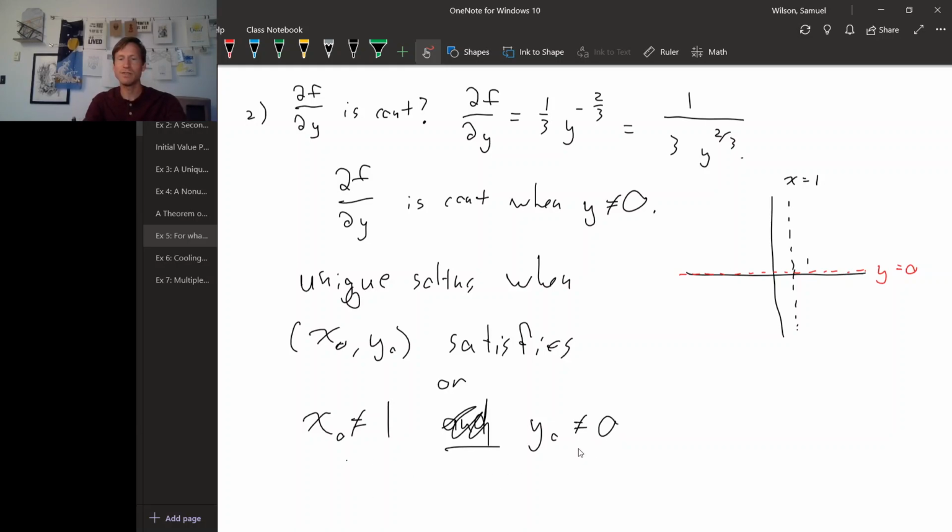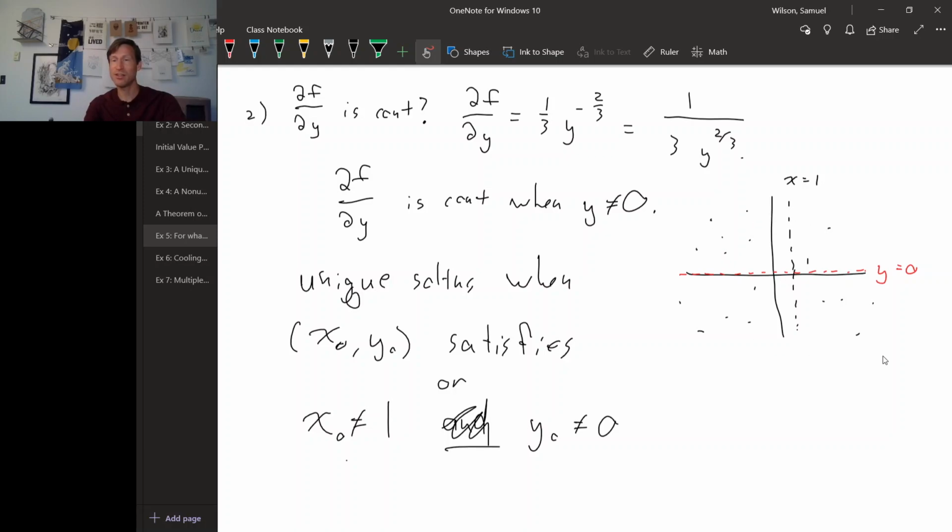So if either one of these conditions is not satisfied by our initial condition, then we are not guaranteed to have a unique solution. But for any point off of these two dotted lines, we're guaranteed to have a unique solution.